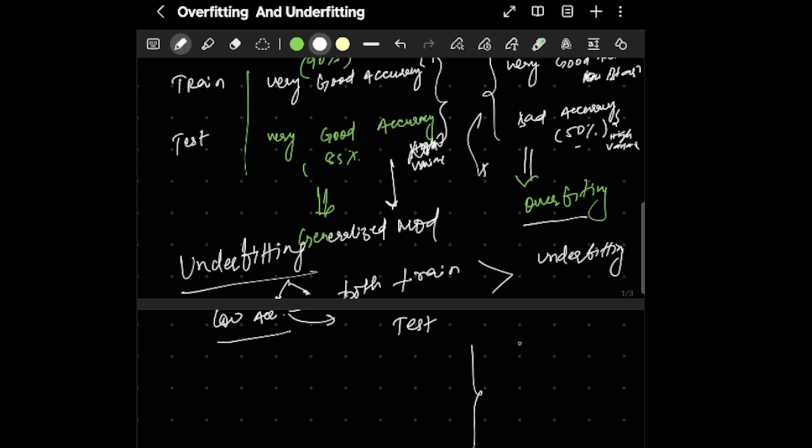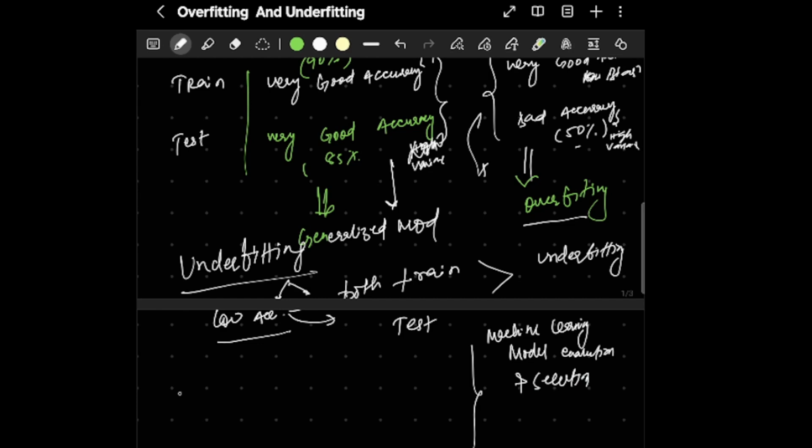For your notes, please write down in your notebook: machine learning model evaluation and selection.